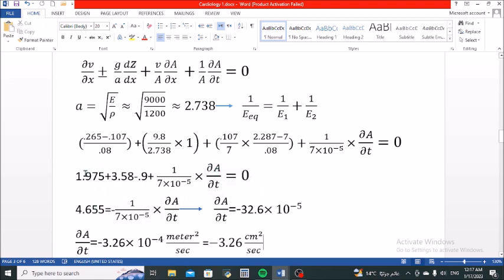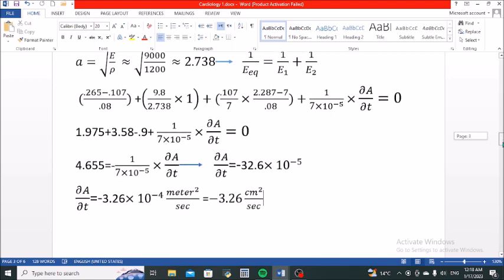Substituting these three values would become 4.655 equals, transferring to the other side, minus 1 over 7 times 10 to the power minus 5 times partial a by partial t, from which partial a by partial t equals minus 32.6 times 10 to the power minus 5 finally, which is equal to minus 3.26 centimeters square per second, converting it to the level of the blood vessels.